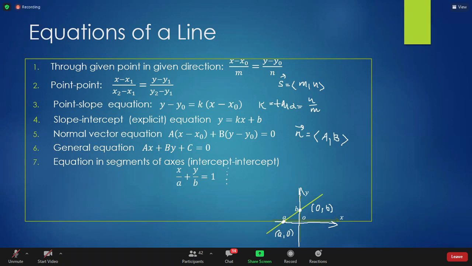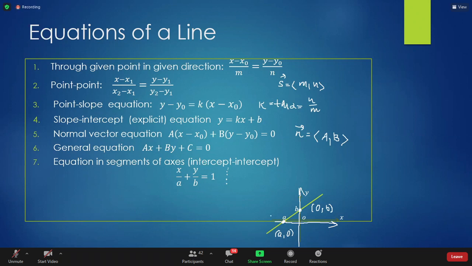If I put (0, b) in equation number 7, I still get 1 equals 1. So we see that if I write an equation like this, then indeed it is the equation of the line passing through these two points on the axes. This is, of course, only possible if the line intersects both axes.